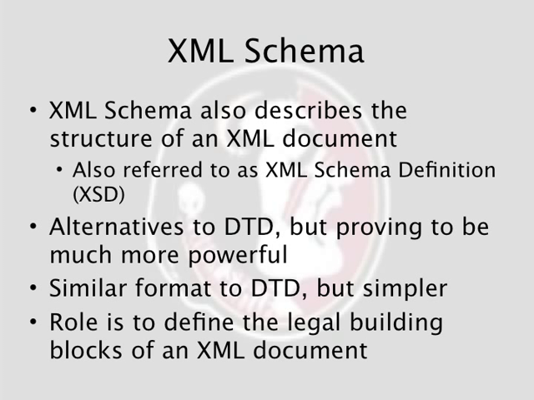So similar to DTD is an XML schema. Schema also describes the structure of an XML document. It's referred to as a schema definition or an XSD. It's an alternative to a DTD, but proven to be much more powerful. It's got a similar format, but it's a little bit simpler. The rules define the legal building blocks of an XML document.